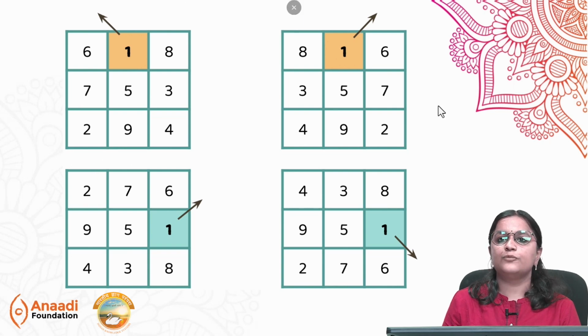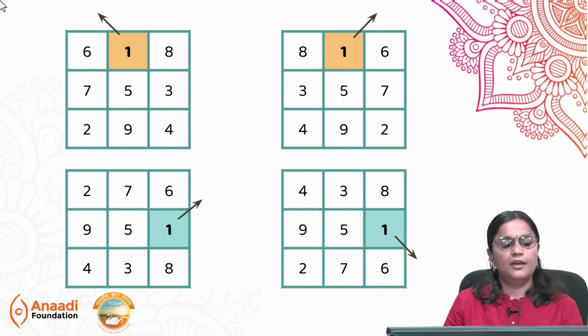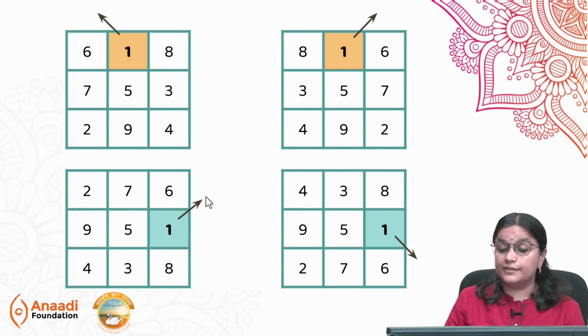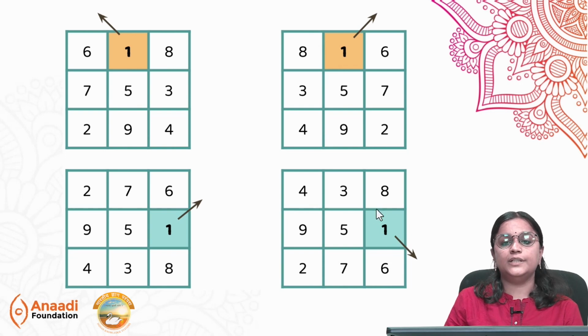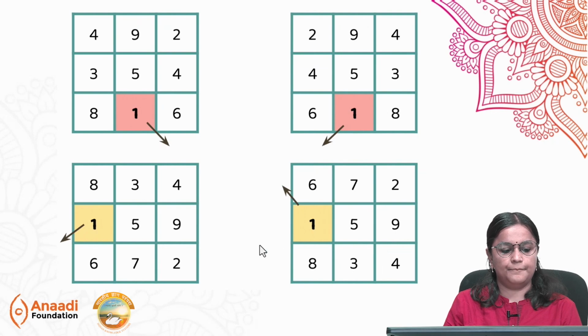Now, in these 4 squares, as you can see, we have chosen different directions to start with: northwest, northeast, northeast again with east as our starting point, and southeast again with east as our starting point.